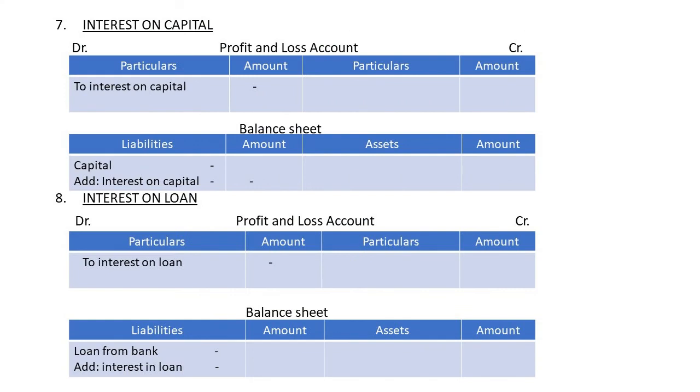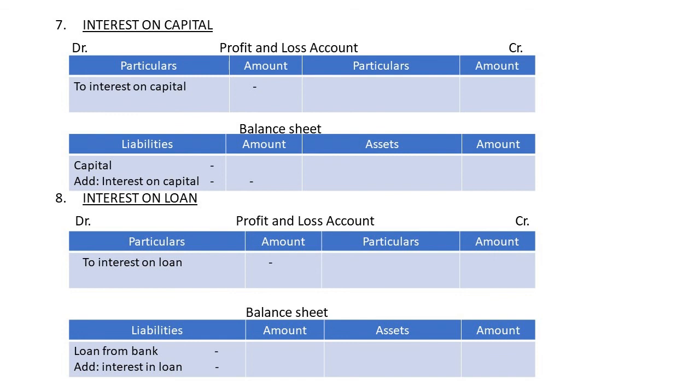Now here there can be two cases. First, if it appears on the credit side of the trial balance, then it is a loan taken from outside, like some bank or some institution, etc. And secondly, if it appears on the debit side of the trial balance, in that case, it will be considered as an asset, as it represents the amount which has been lent to the outsiders.